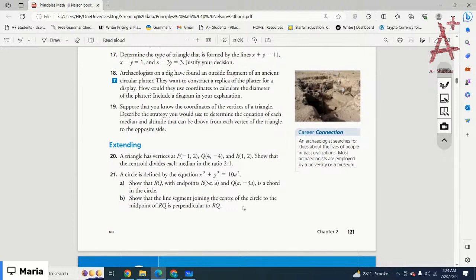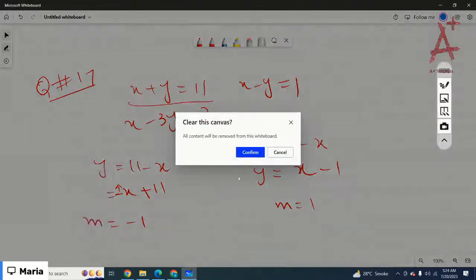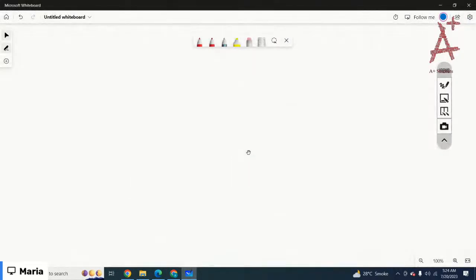So first we have to prove that these points are on the circle. Let's just put these points in the equation x squared plus y squared equals 10a squared.